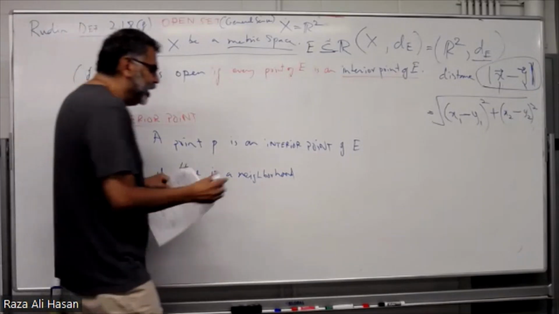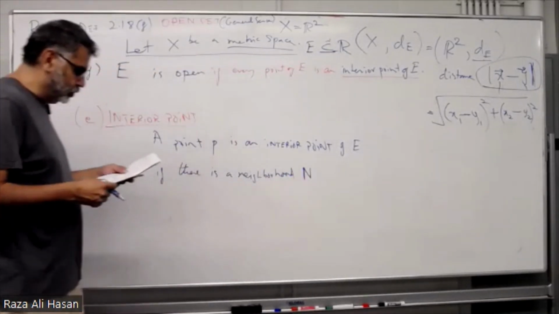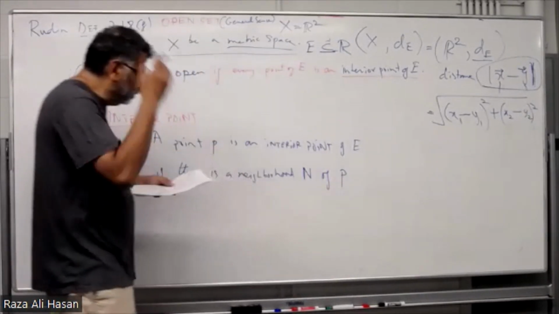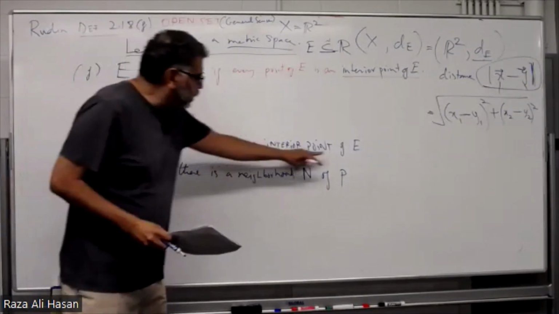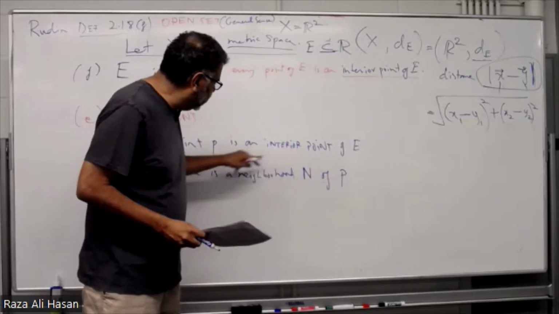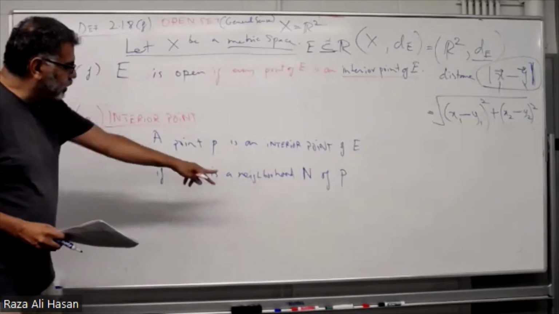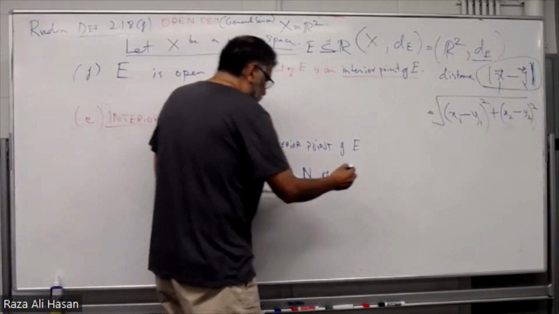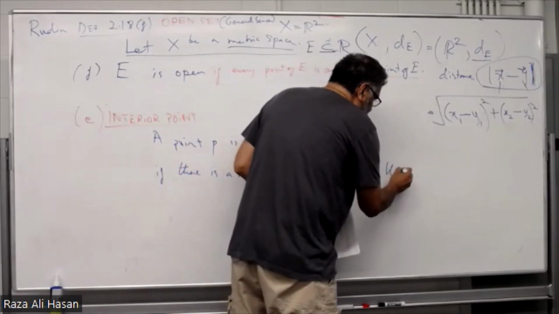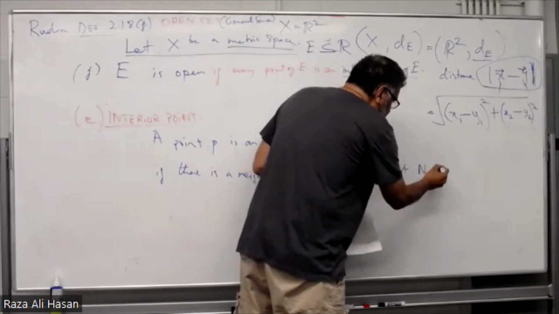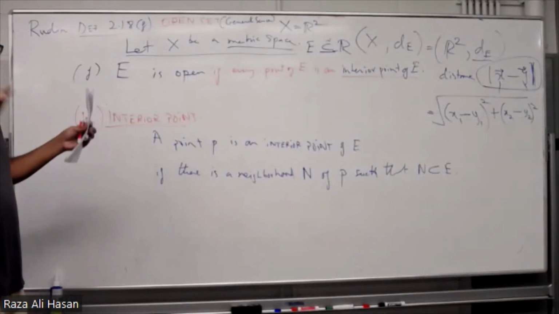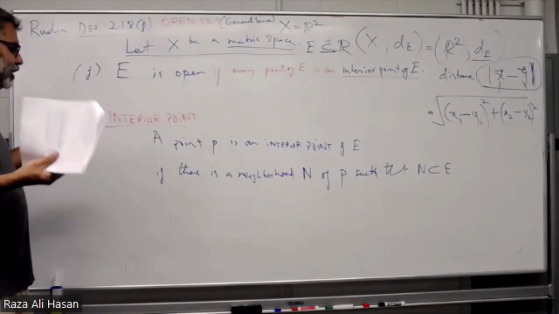Neighborhood N of P, the point P. So point P is a point of set E. It's considered an interior point of E if there is a neighborhood that is a proper subset of E, because otherwise we're talking nonsense.